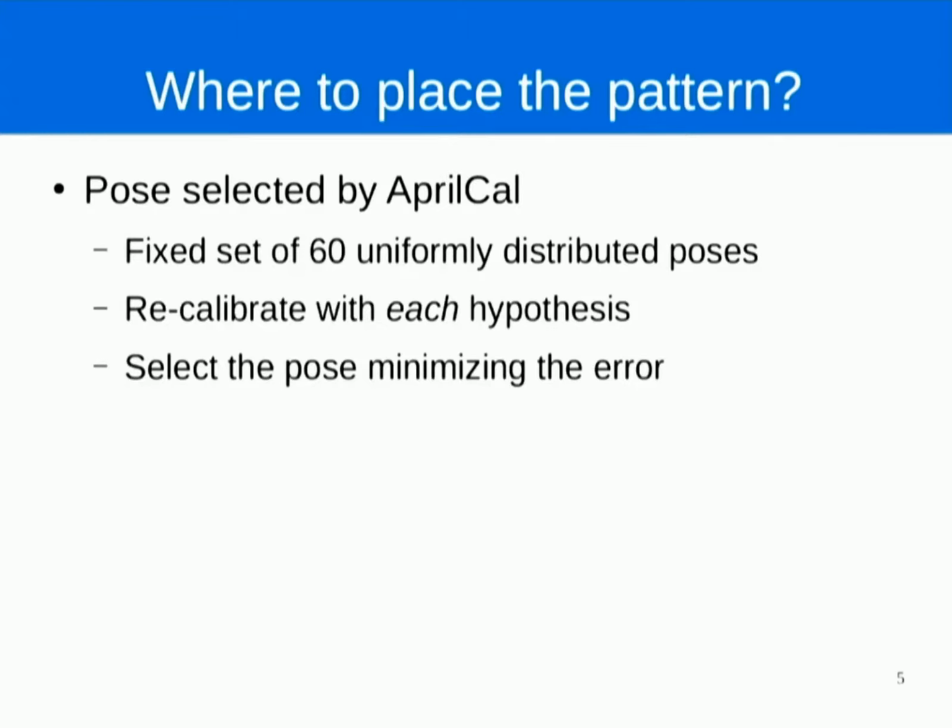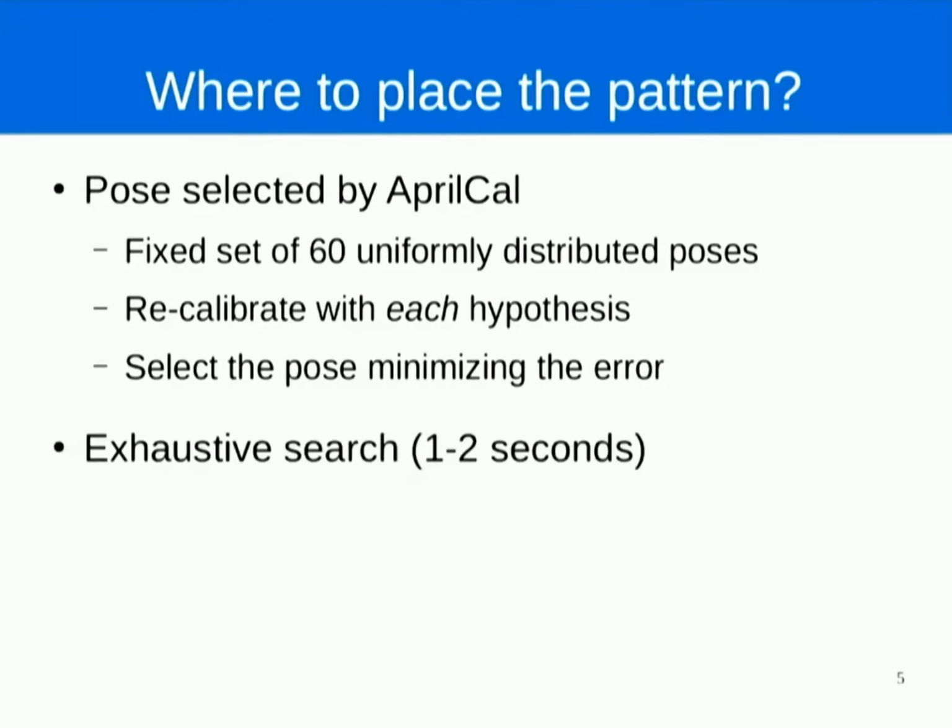For each of these poses, they generate a synthetic measurement, add it to the calibration set, and recalibrate. Then they guide the user to the pose which has the minimal error. So this is just an exhaustive search, only using 60 sampling points. Calibration has to be performed 60 times, and it's quite involved, so it takes them between 1 and 2 seconds to generate a new pose suggestion.